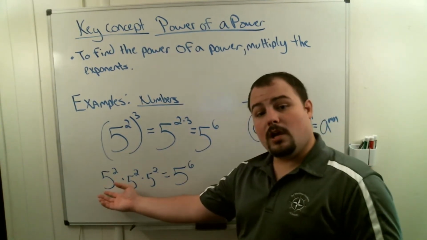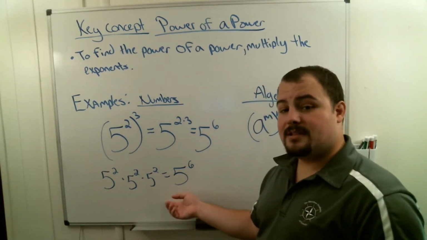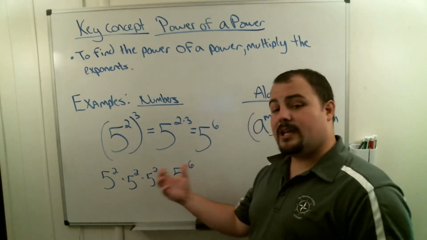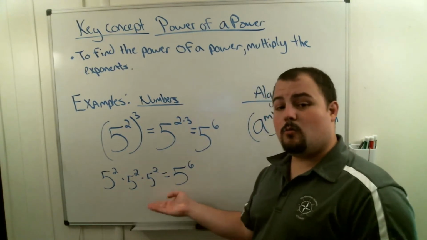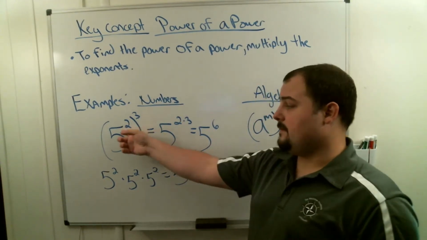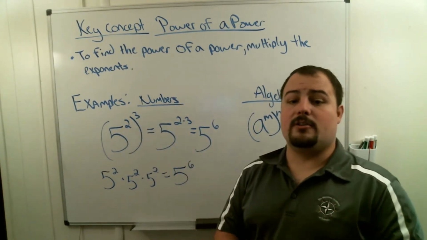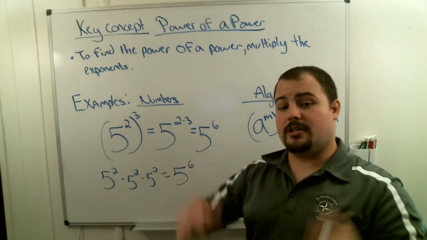In this case, we have a number showing up 3 times, and since it's the same base, we can add the exponents and we'll still get the same answer. So instead of expanding it out, we are able to get the same answer just by multiplying the 2 exponents, because one's on the inside, one's on the outside.